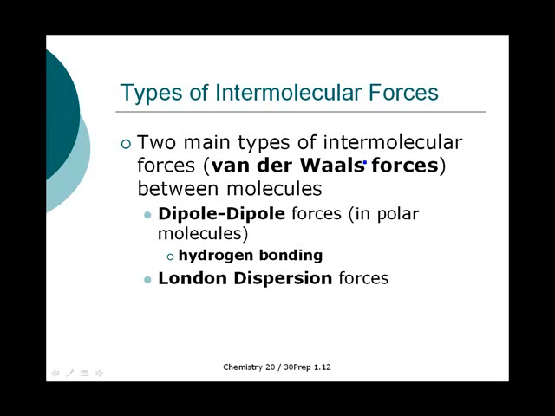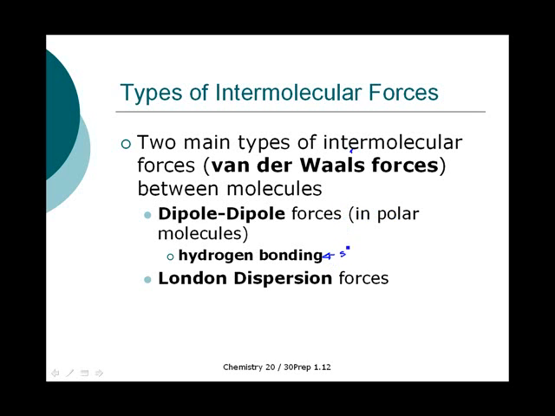So there are two main types of intermolecular forces, or van der Waals forces. The first one is dipole-dipole forces, and these are caused by polar bonds and polar molecules. So if you have a polar molecule, it means you have a molecule with polar bonds. Hydrogen bonding is a specific type of dipole-dipole force.